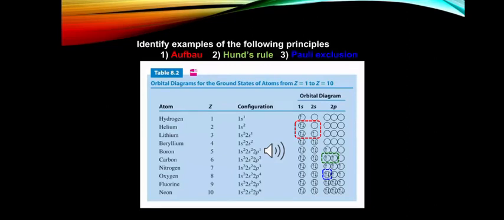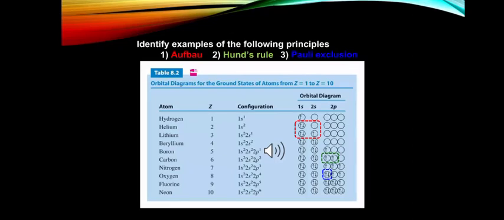They have first singly filled each orbital with electrons of the same spin, and after that they are putting the remaining electron with the opposite spin. After that we have neon, whose atomic number is 10 and configuration is 1s2, 2s2 and 2p6. That is complete filling of orbitals. 1s is completely filled, 2s is completely filled and 2p is also completely filled.